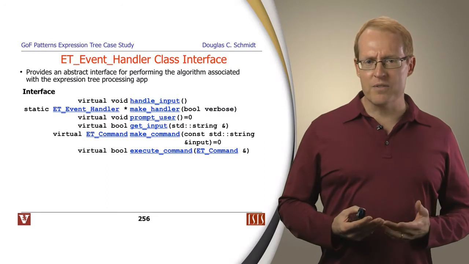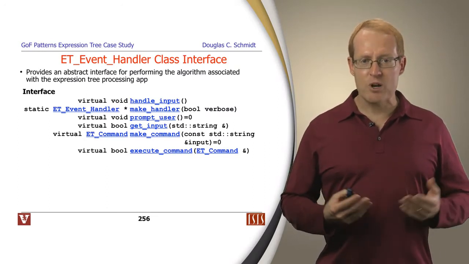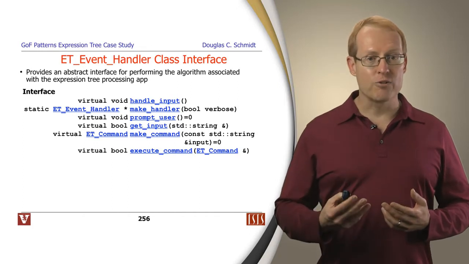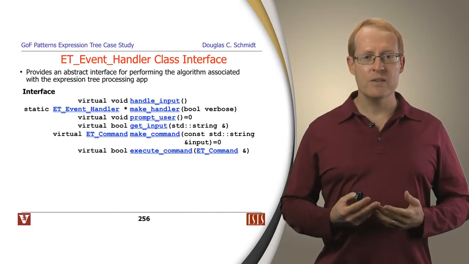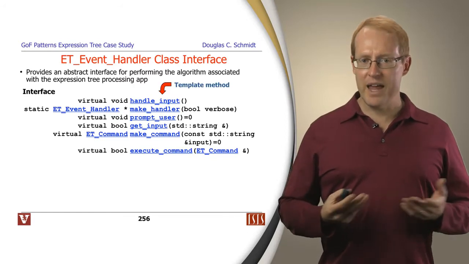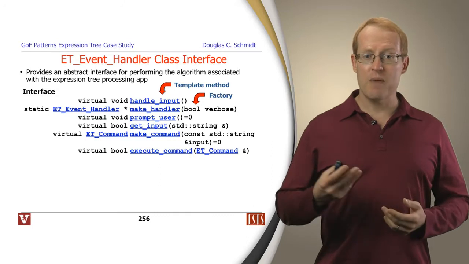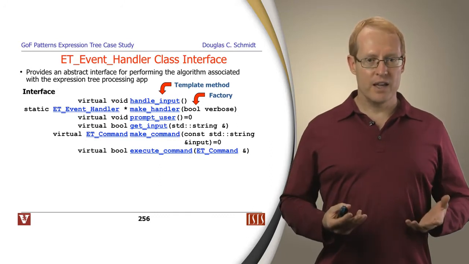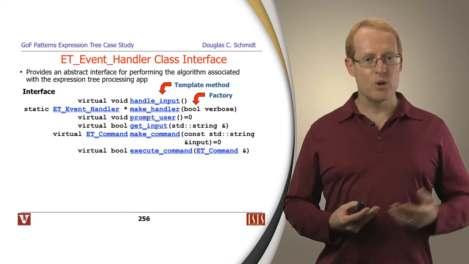Here's an illustration of the ET event handler class interface. This provides an abstract interface for performing the algorithm that's associated with the expression tree processing and the application therein. As you can see here, we have the handle input method, which is the template method. We have a factory that's used to make the appropriate type of event handler, for succinct mode or verbose mode, for example.